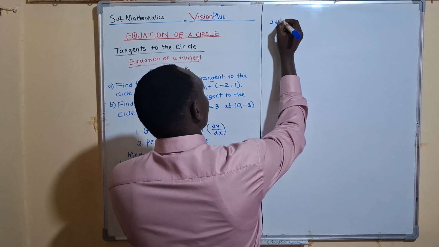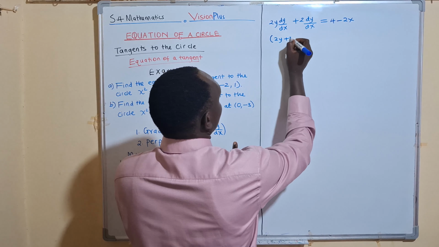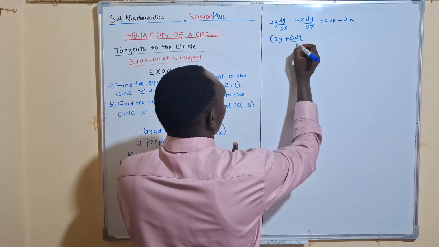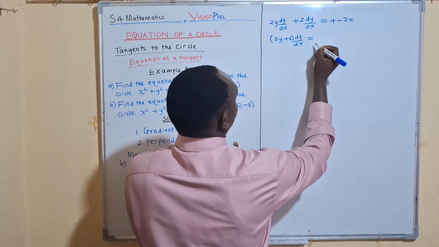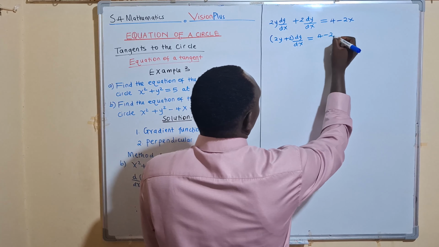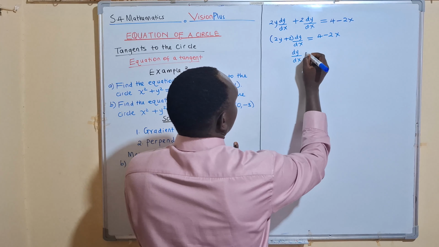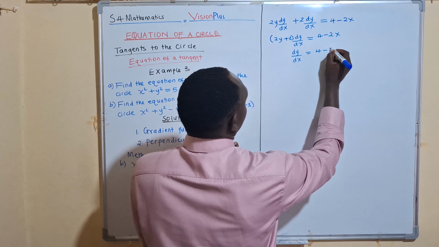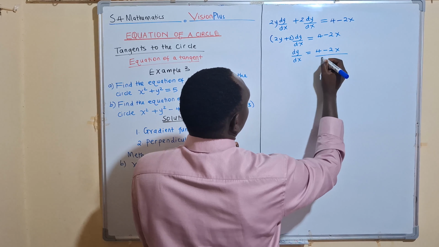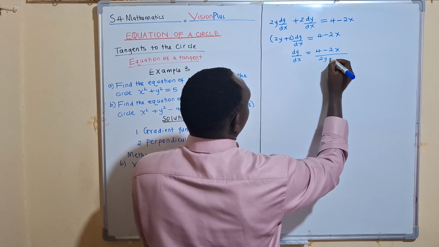Let me factor out dy/dx because it is common, so that I'll be left with (2y plus 2) dy/dx equals 4 minus 2x. Now I divide both sides by 2y plus 2. Therefore, we shall have dy/dx equals (4 minus 2x) over (2y plus 2).